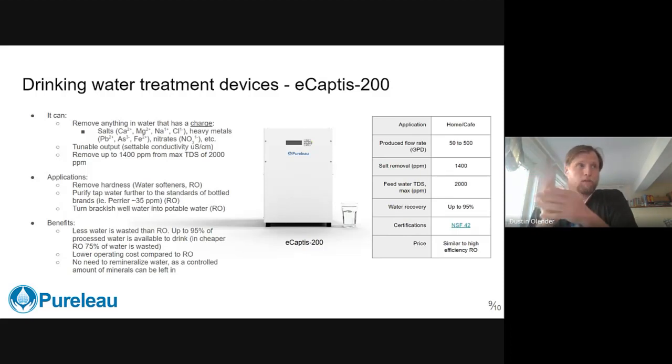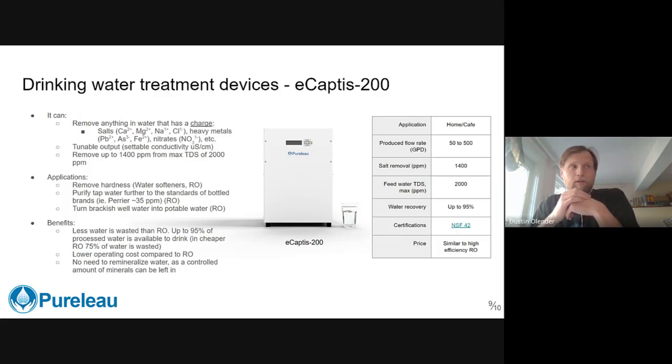A lot of those main constituents that we talked about before, the calcium, the magnesium, the sodium, the chlorine, lots of heavy metals, they're all ionic. Nitrates are another thing that it can remove.